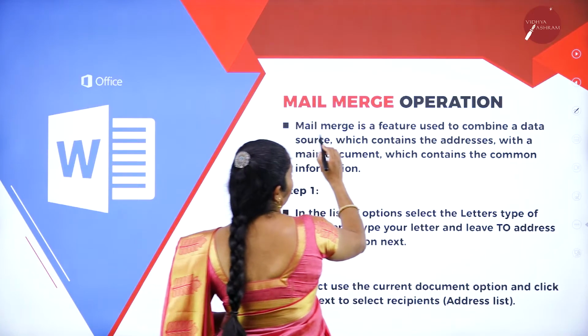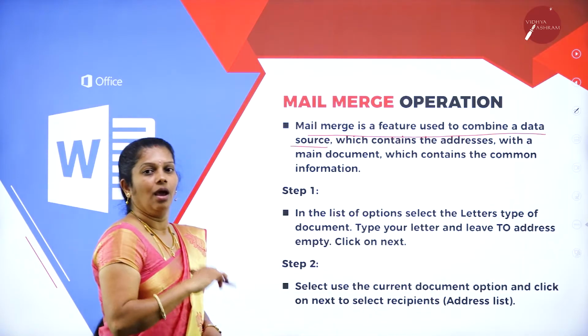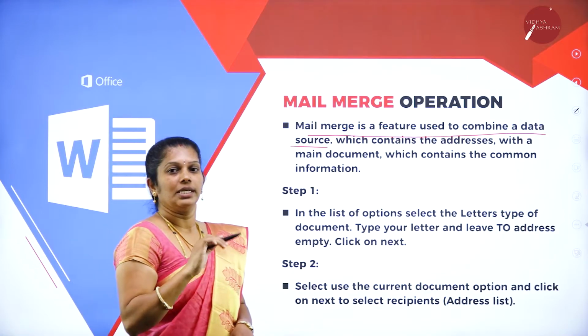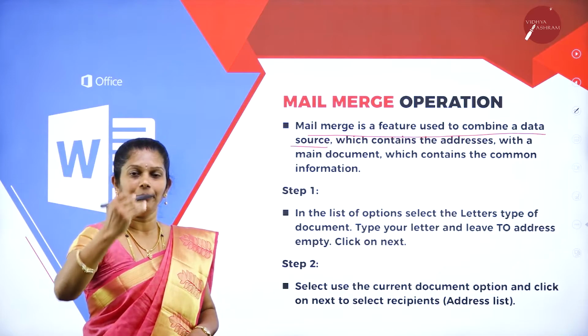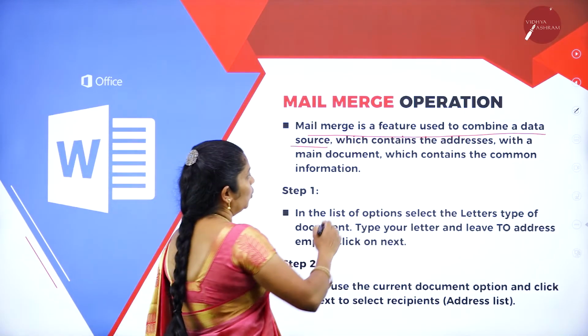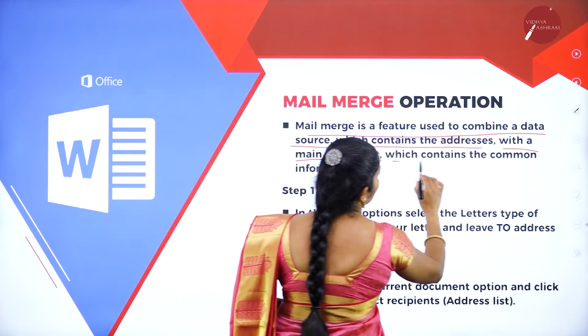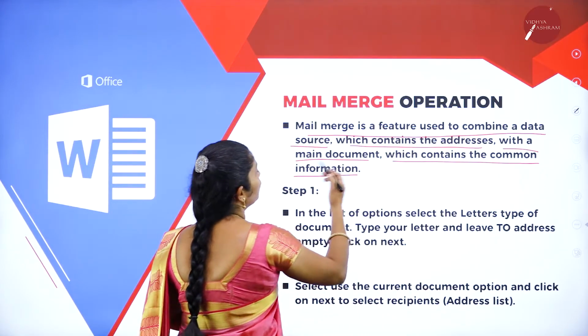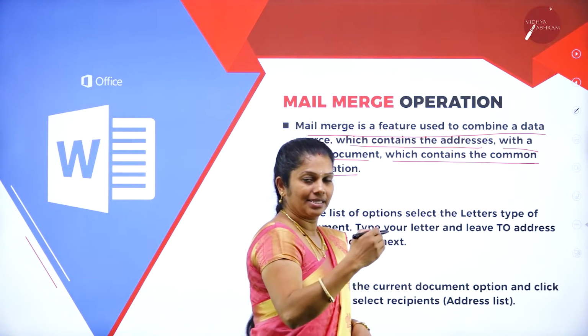Mail merge is a feature used to combine a data source with a main document. What do you mean by data source? The data source contains only the 'To' addresses. The list of all the parents' addresses is stored there, and the main document contains the common information, like the name, street, city, pin code.